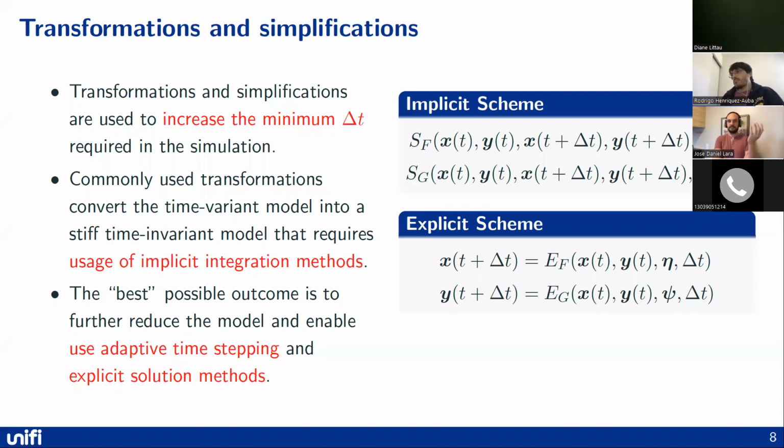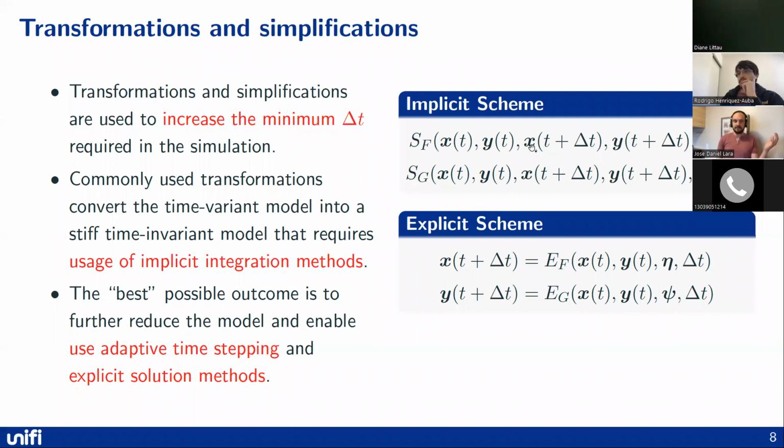So the first motivation of a transformation is to basically go from a time variant model to a time invariant one, right? Most of the time variant solution methods require fixed time steps. They force a huge decrease in the minimum delta t required for the simulation. So if we make a transformation to turn our model from time variant into time invariant, most of the time we're going to end up with a stiff time invariant model, which requires an implicit scheme of solution.